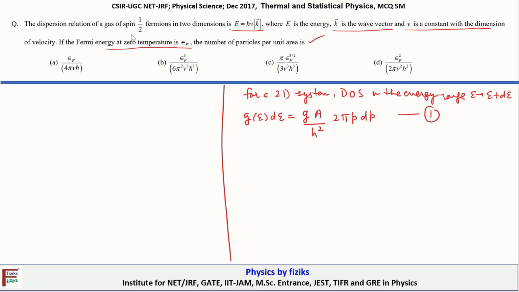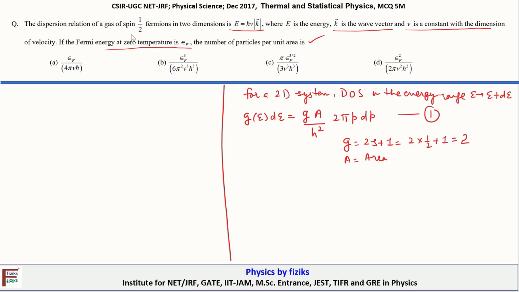Now here g is a degeneracy factor, and this is equal to 2s plus 1. For the fermion, s can take the value of 1 by 2, so 2 multiplied by 1 by 2 plus 1, and this degeneracy factor is equal to 2. It is also referred to as spin degeneracy, and A is the area.